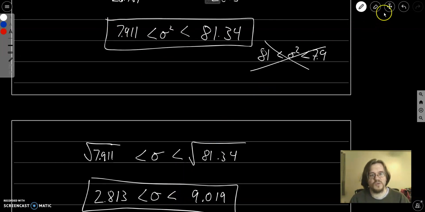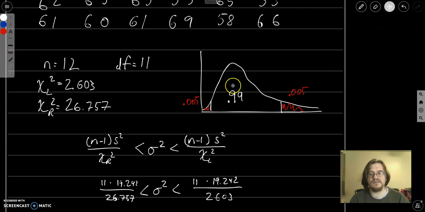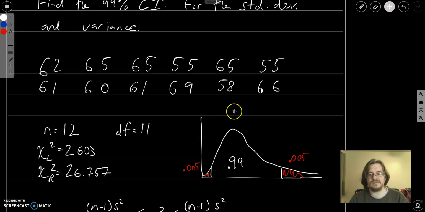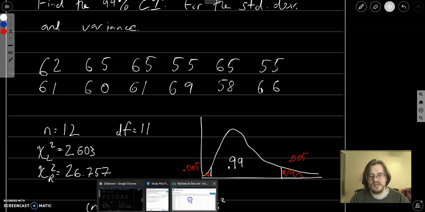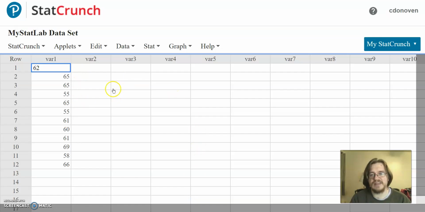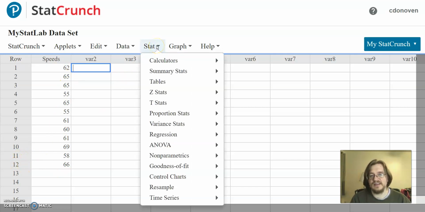Now, when we are given the values explicitly in our sample, we can plug them into StatCrunch here. So these are all of our speeds, and I've just listed them in here. We've got 12 of them, and we can calculate the confidence interval for the standard deviation in a very straightforward way.